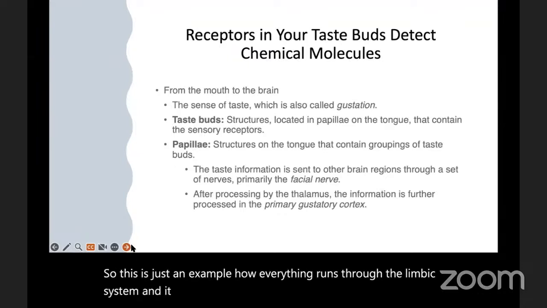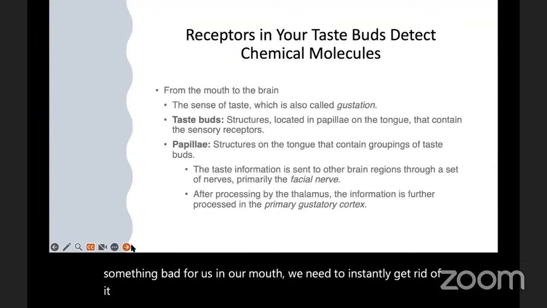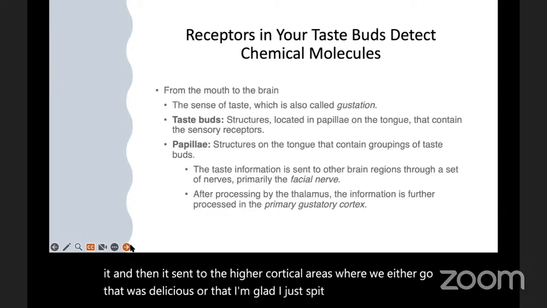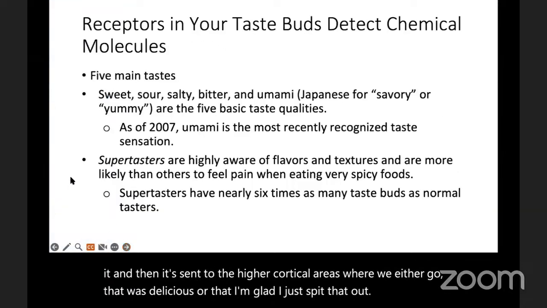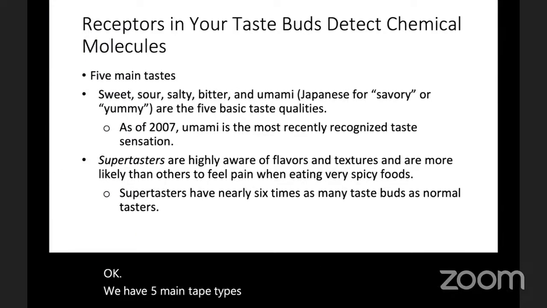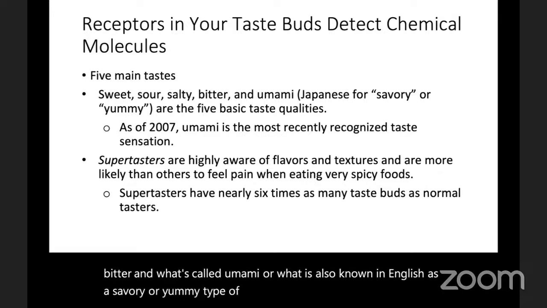And it's probably a good thing, because if we put something bad for us in our mouth, we need to instantly get rid of it. Then it's sent to the higher cortical areas where we either go, that was delicious, or I'm glad I just spit that out. We have 5 main types of taste: sweet, sour, salty, bitter, and what's called umami, also known in English as a savory or yummy type of taste.